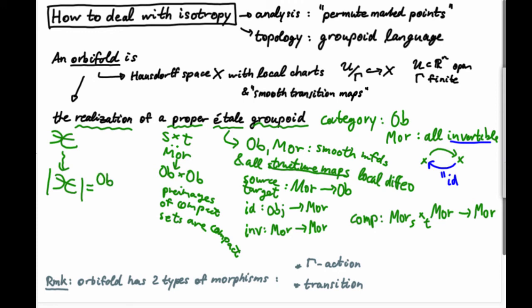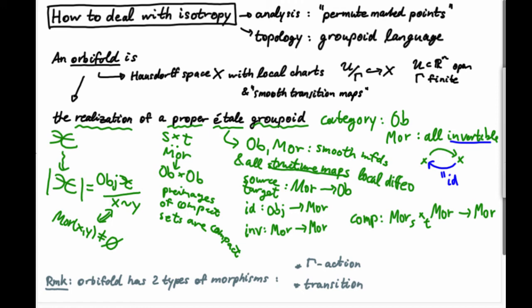So I'm taking the space of objects and I'm quotienting by an equivalence where two objects are equivalent if and only if there is a morphism between them. That's the somehow obvious idea here.